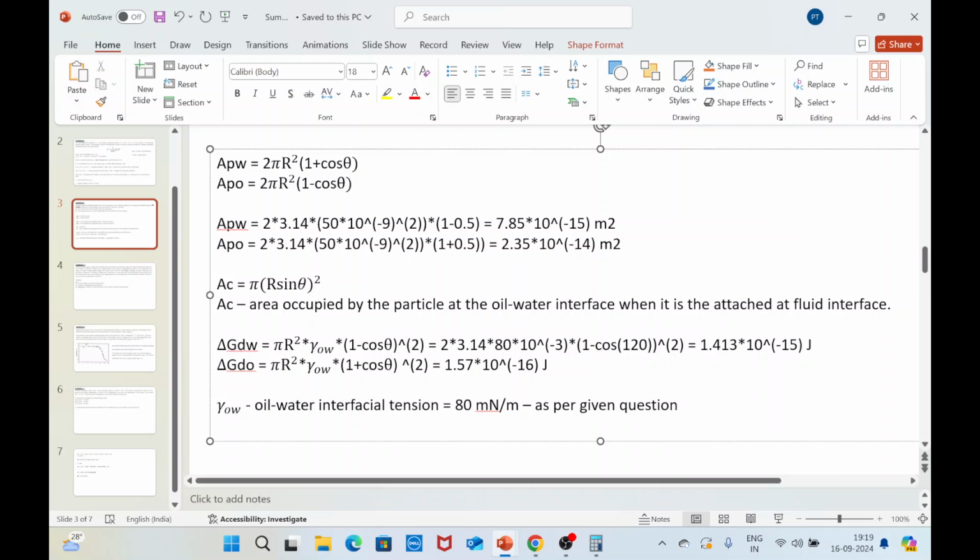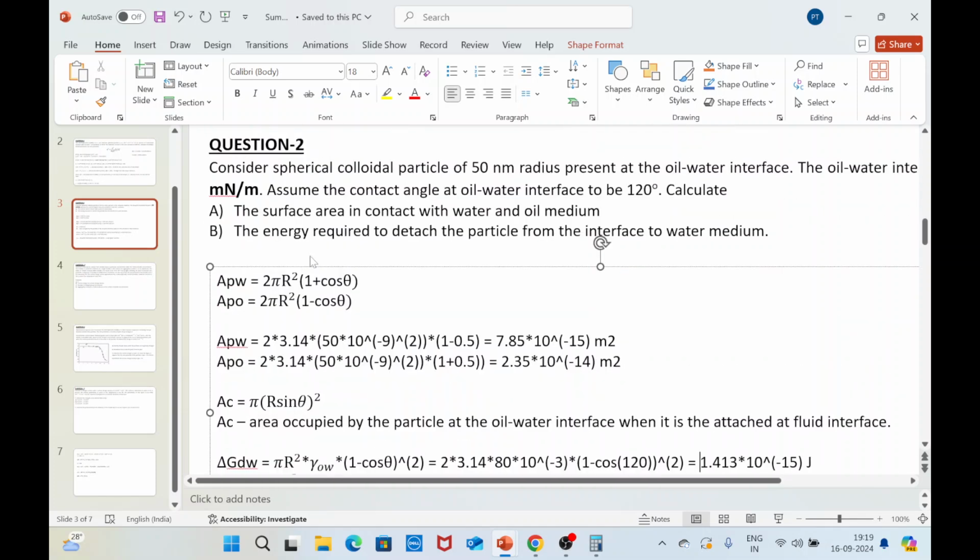So similarly, it will be 1 plus. I hope everybody will be able to do that.